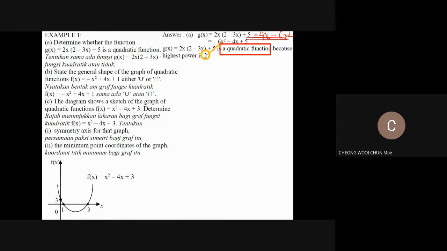So negative 6x squared in front because it is x power 2, and positive 4x here.